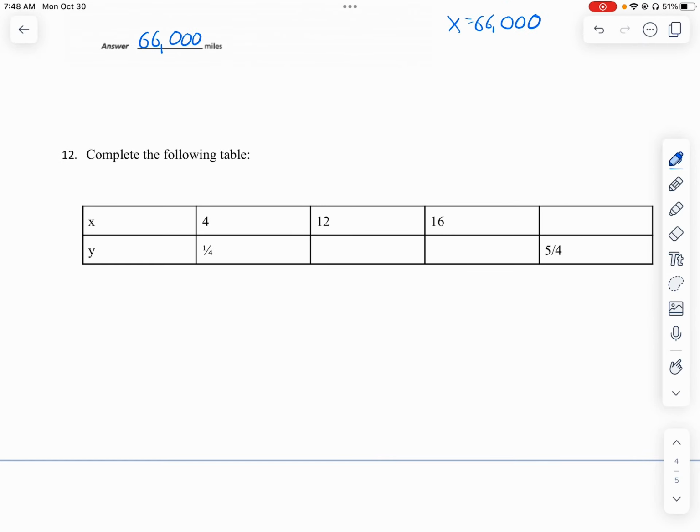Complete the table. So I see to go from 4 to 12, we multiply by 3. So I'm going to do 1/4 times 3 as well. And that gives me 3/4. To get to 16, I can start back at the 4. 4 to 16 is multiplied by 4. 1/4 times 4 is 1.